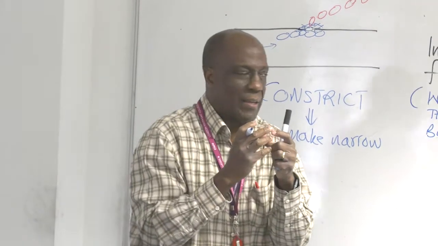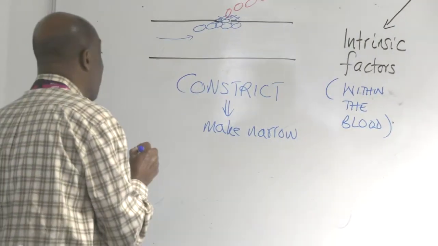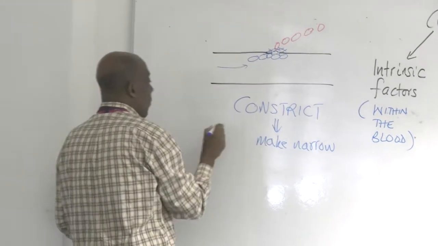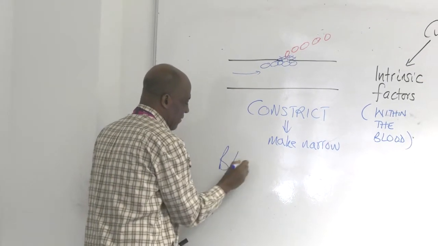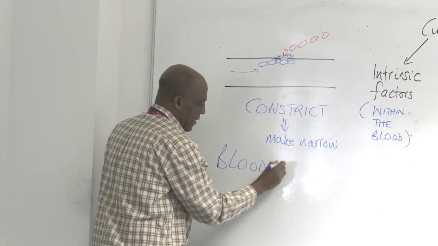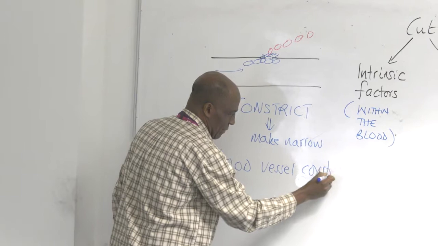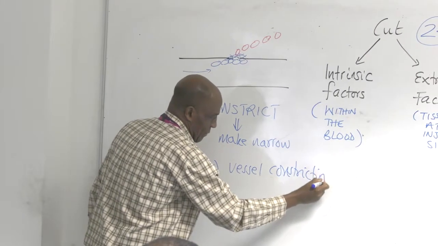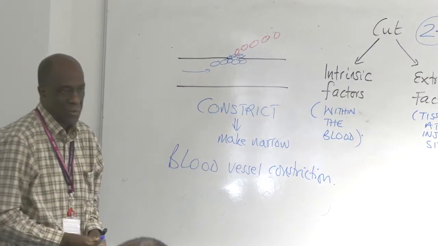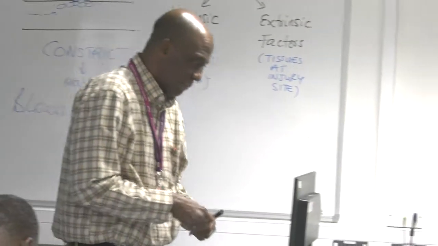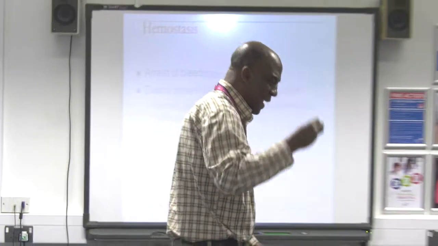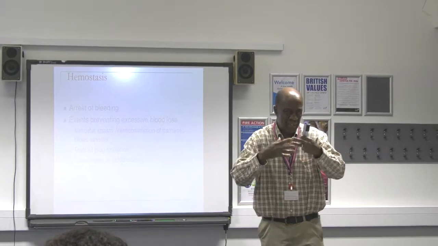The vaso comes from vessel. So there's a blood vessel constriction. That is what your textbook tells you. The vasoconstriction is where the blood vessels constrict.